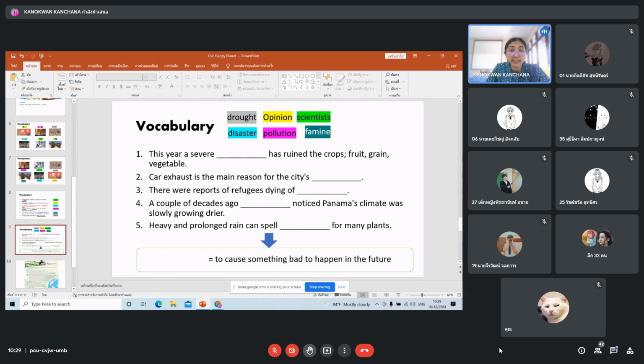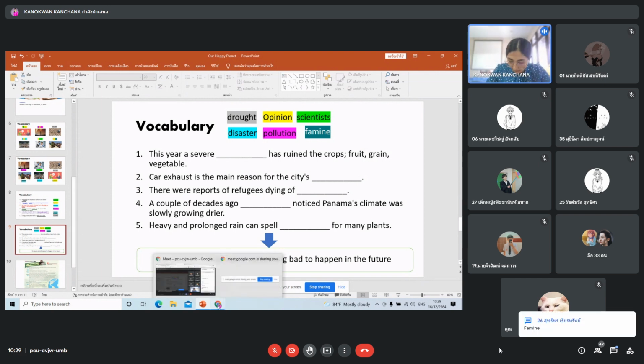Fruit, grain, and vegetables are examples of crops. So which word fits best in this one? Number 1, everyone, is that drought, disaster, opinion, pollution, scientists, or famine? Please share your answer in the in-call messages.